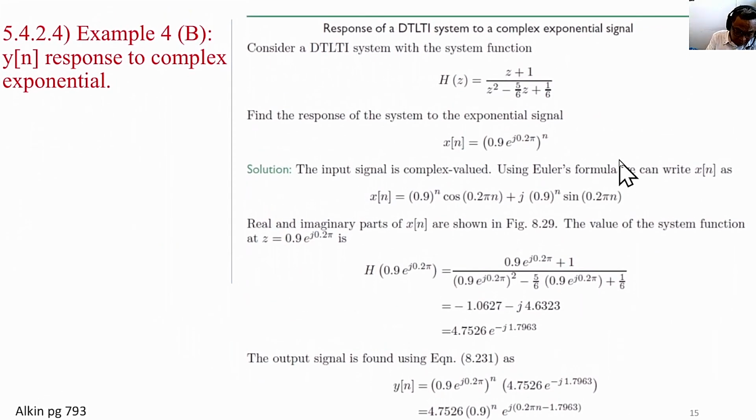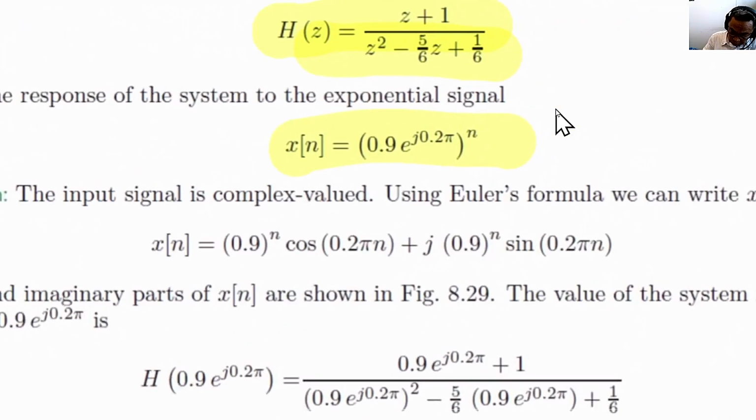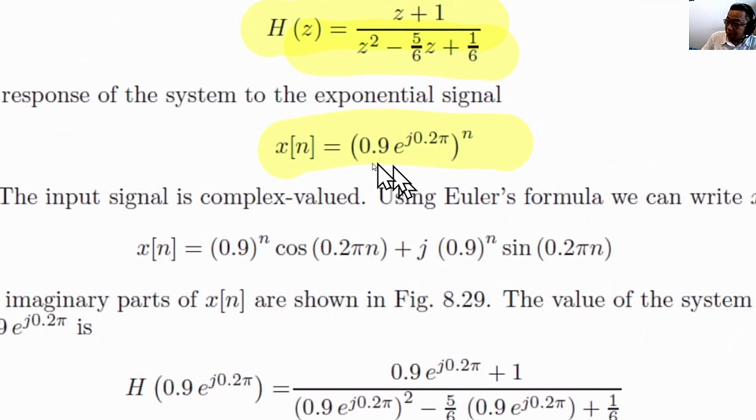In this example, we are given the transfer function first. We are also given an input, which is a complex exponential. It is rotating at 0.2 pi radian per sample, and it is a decaying exponential because this is 0.9 to the power of n.